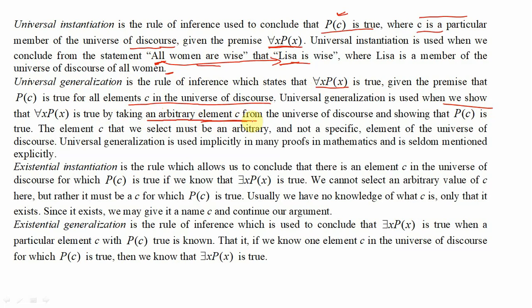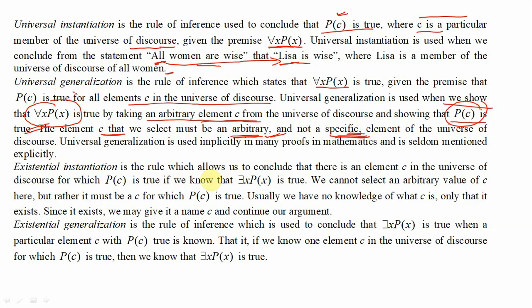If I can take an arbitrary element c and show that p of c is true, then we can say, provided the element c that we have chosen is truly arbitrary and not a specific element. If it is a specific element, then we'll have to go for existential quantification. But if it is an arbitrary element, then if p of c is true for an arbitrary element c, then for the universe, for all values of x, p of x is true.